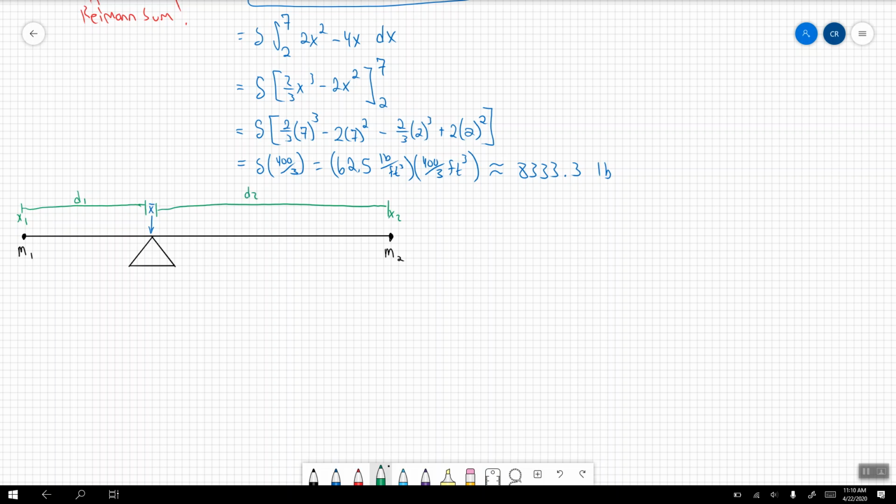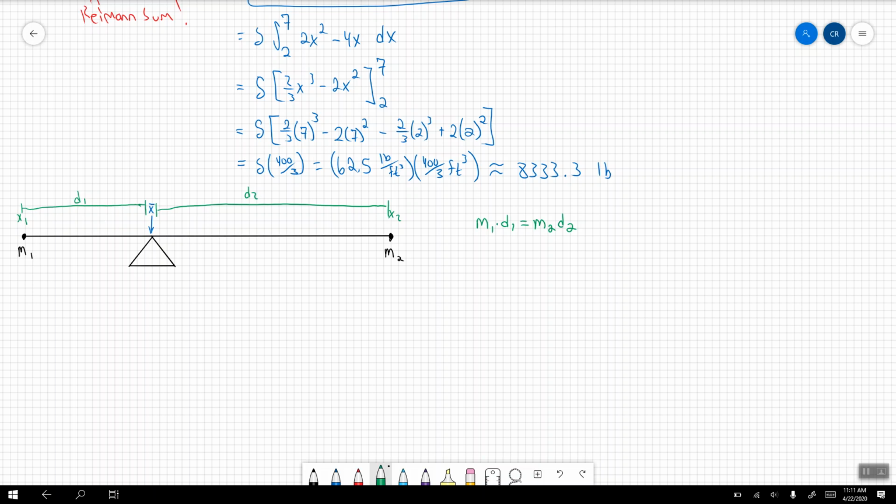Now, if this is perfectly balanced, and it is, then mass 1 multiplied by distance 1 must be equal to mass 2 multiplied by distance 2. Let that sink in for a little bit. We take mass 1 and multiply it by its distance away from the balancing point, and take mass 2 and multiply it by its distance away from that balancing point.